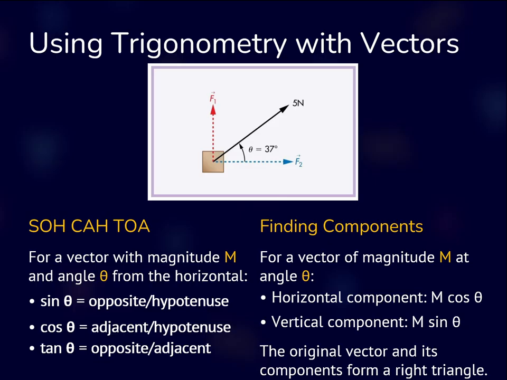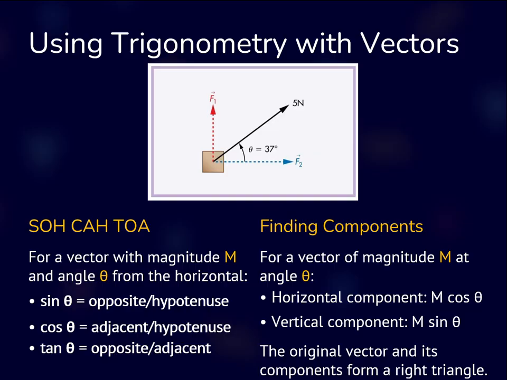Now comes the math. To find the components, we use trigonometry, specifically SOHCAHTOA. For a vector with magnitude m and angle theta from the horizontal, we know a few things. The horizontal or adjacent side is equal to m multiplied by the cosine of theta.